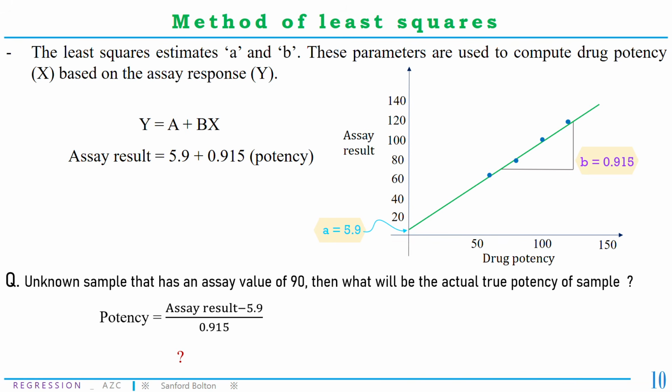Question: an unknown sample has an assay value of 90. Then what will be the actual true potency of the sample? Use the above equation, place the value of assay, and find out the actual true potency. Potency found is 91.9.